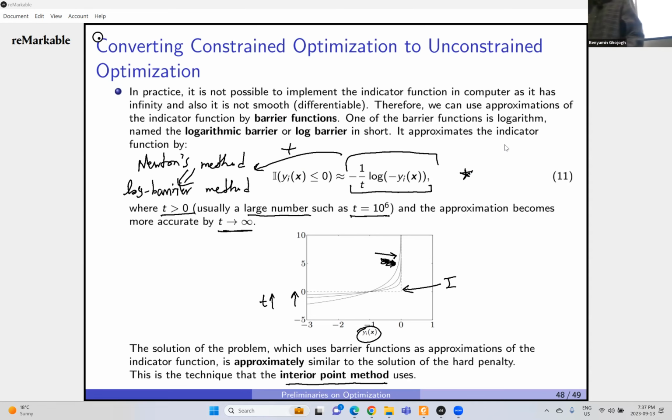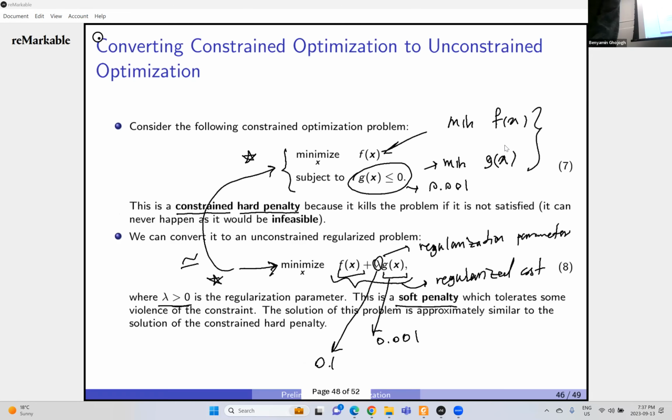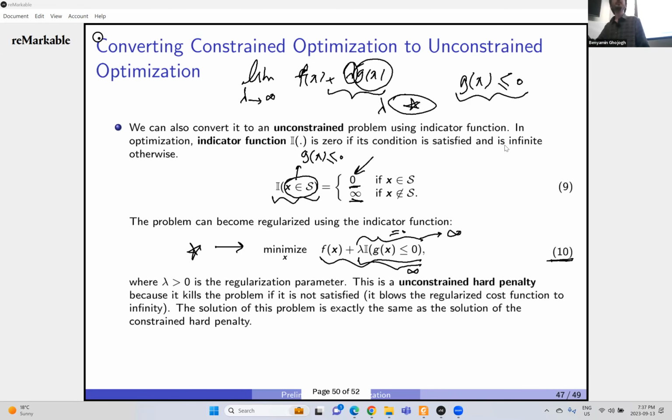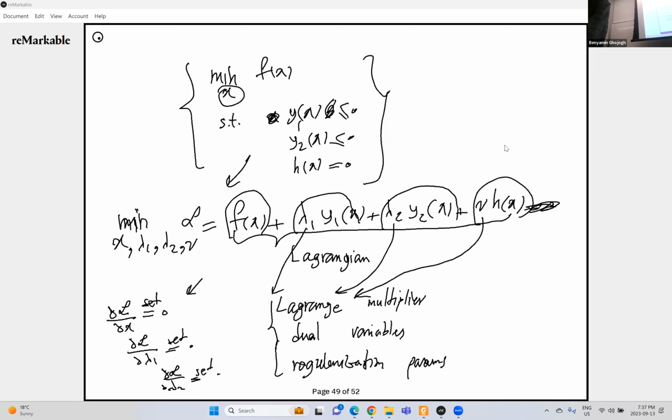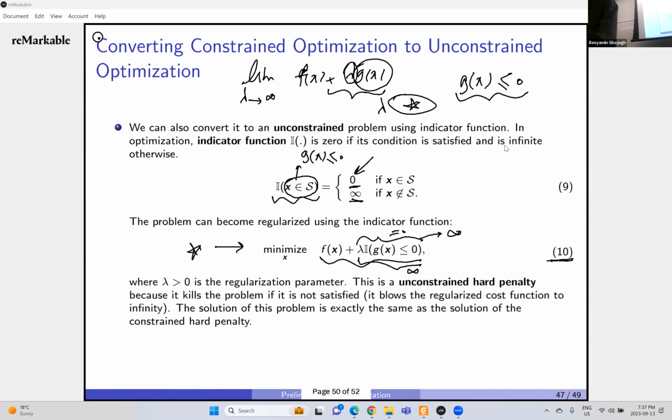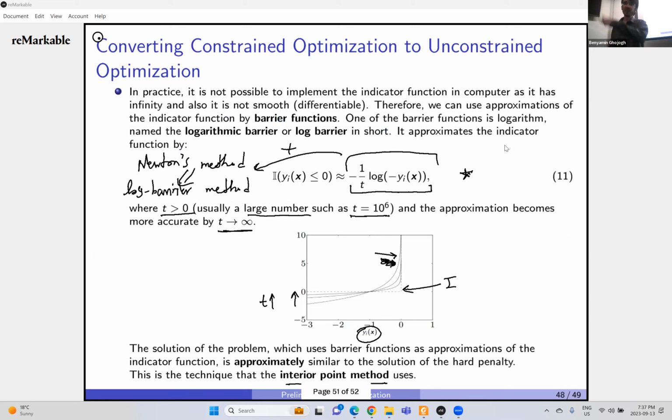Equation 7, which is the constrained hard penalty, and equation 10, which is the unconstrained hard penalty, have exactly the same solution, right? The solution of equation 8, the unconstrained soft penalty, is an approximation to equation 7 or 10. Also, the approximation of the unconstrained hard penalty is also an approximation to the solution of the hard penalties. Did you understand? Someone had a question first.